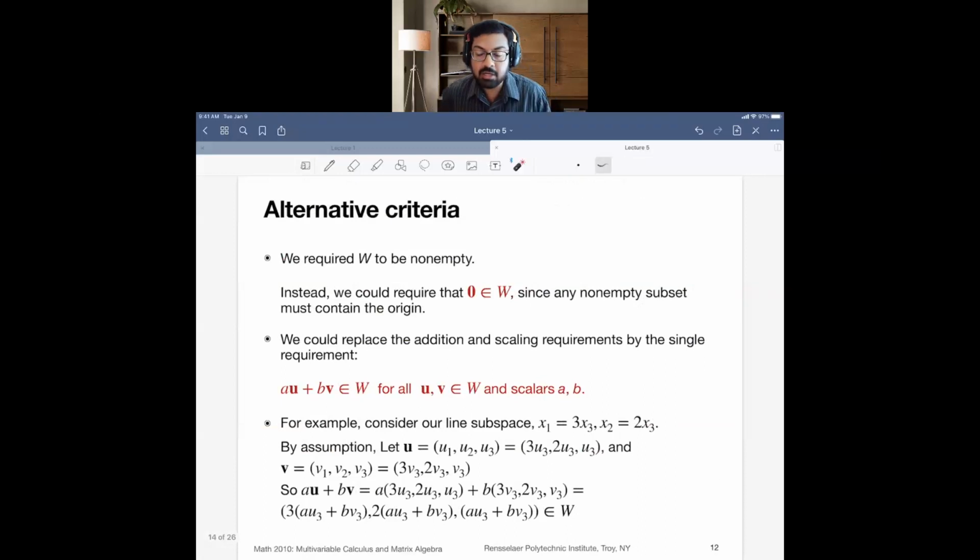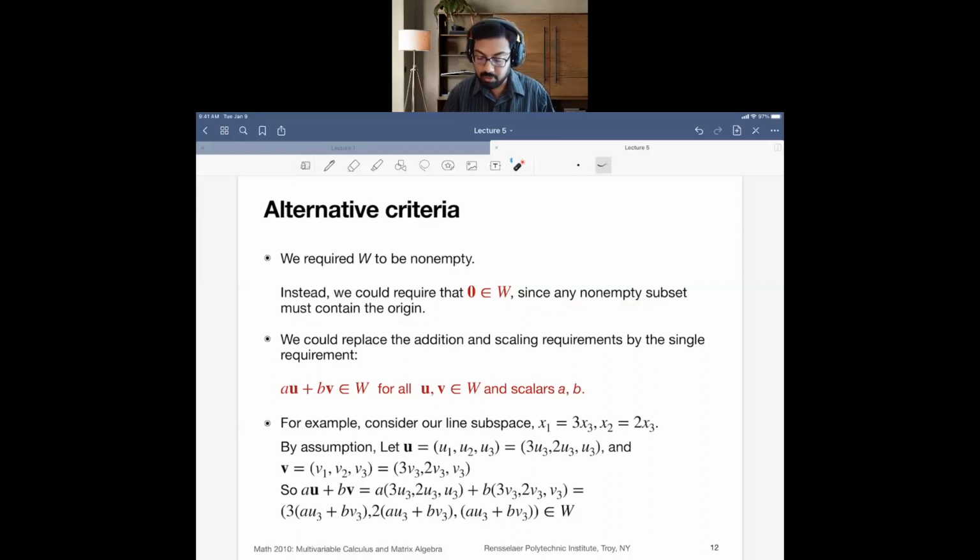Some alternative criteria. Instead of checking for non-empty, then addition, then scaling, you can use alternative criteria, which are mathematically equivalent to the same three checks but worded slightly differently. What we required is W to be non-empty, right? Instead of that, we could just require that the zero vector, the origin, belongs to W, since any non-empty subspace must contain the origin.